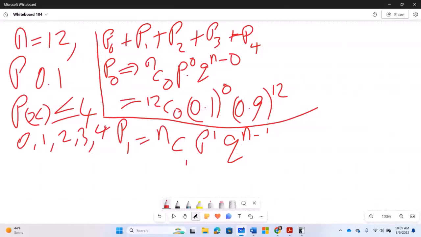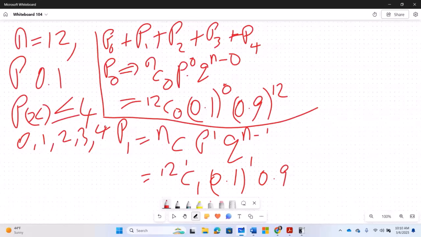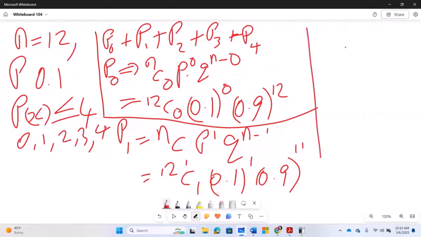If I rewrite this, I have 12 combination 1, success 0.1 to power 1, and failure 0.9 to power 12 minus 1, which is 11, and so on. But I'm not going to do it using this long method. I'm going to do it with the short method.